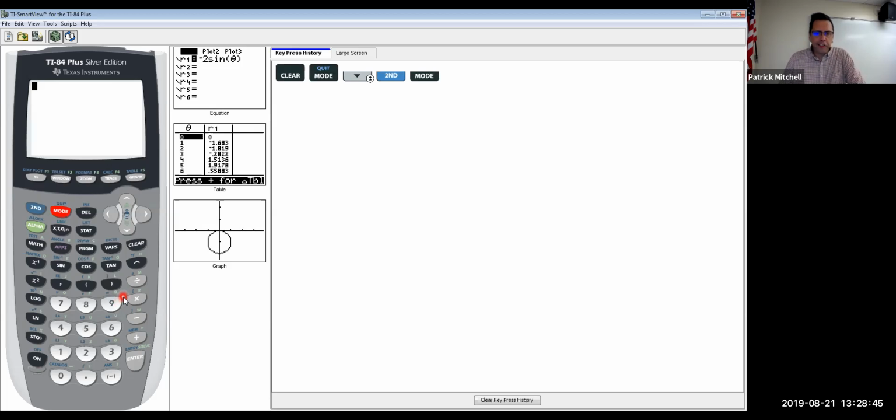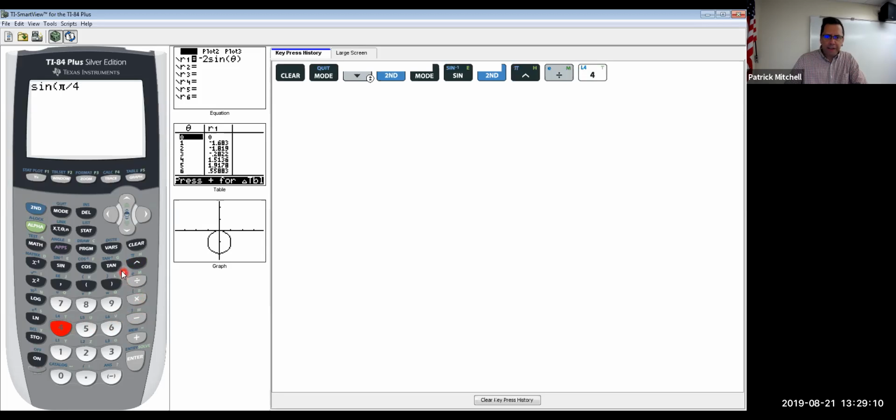And now the first example was the sine of pi over 4. We actually know the exact value of sine pi over 4, so we can use that to check our answer. I'm going to click sine. And then to get the pi symbol, I have to go second and then the exponent button on this calculator. On yours, it might be different. And then over 4.